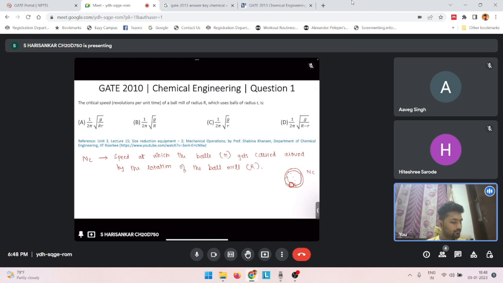And if this occurs, then there is no impact and no size reduction either. So that is the critical speed of a ball mill.